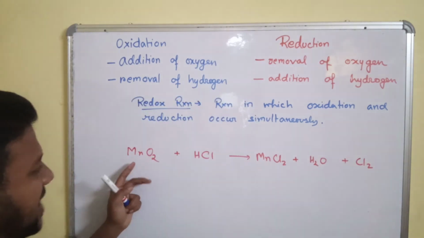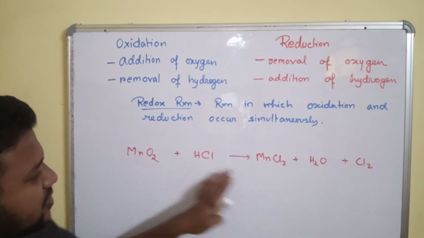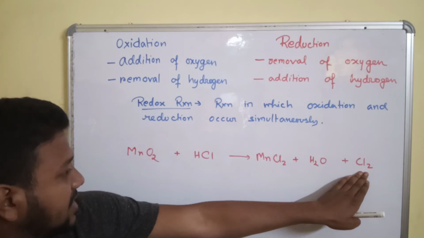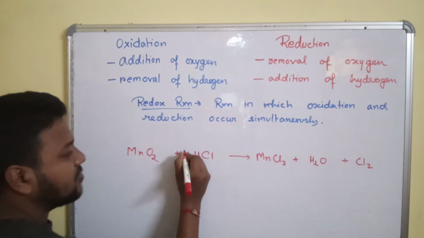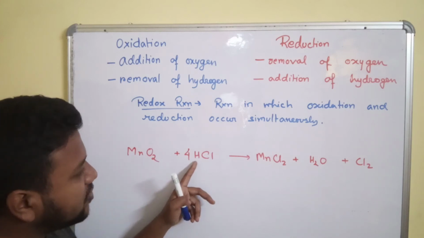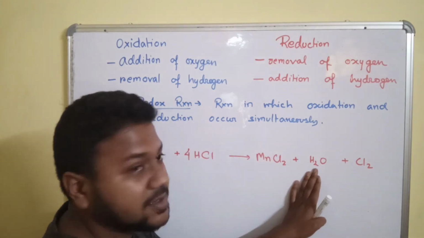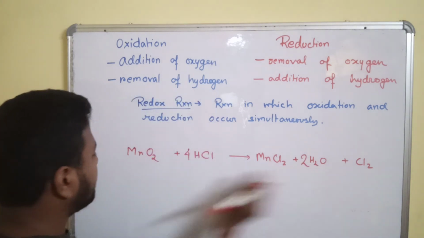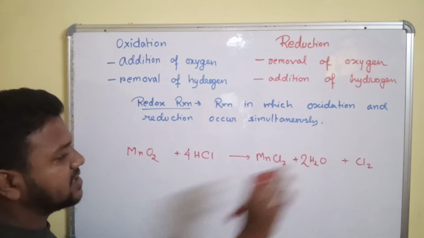Okay, let us first balance the equation. We are getting chlorine 2 atoms on one side, 4 atoms on the other. Here we have only one, so here we give 4. Now we have 4 hydrogen, over here we have 2 atoms of hydrogen only, so we give 2. We have 2 atoms of oxygen over here, and 2 atoms of oxygen on the other side. So now it is balanced.